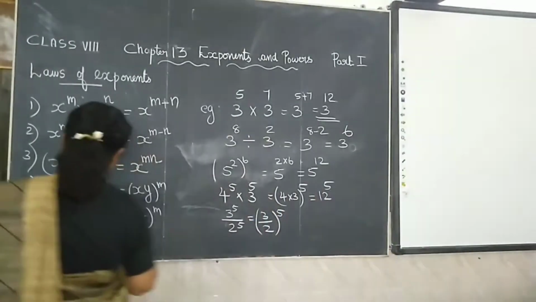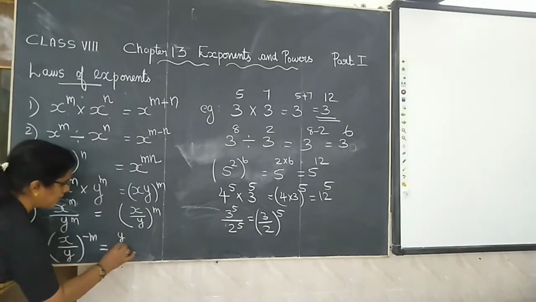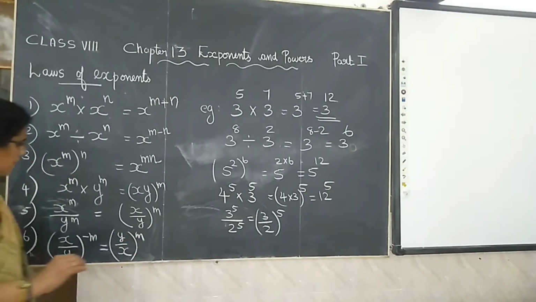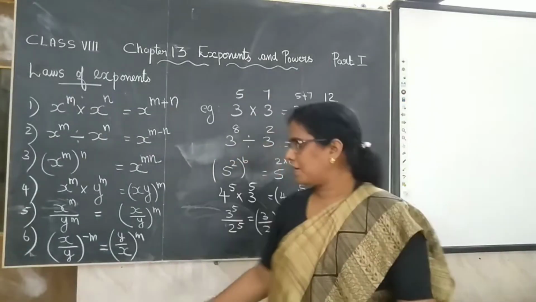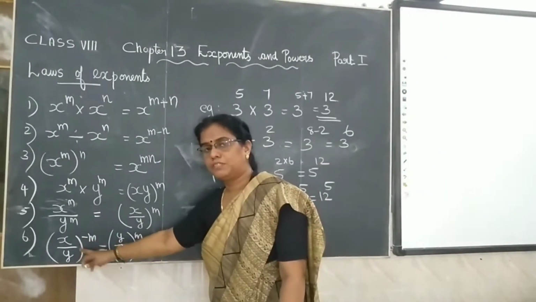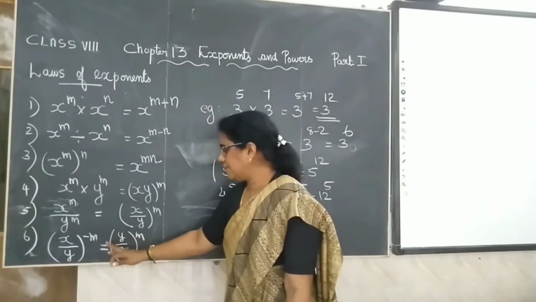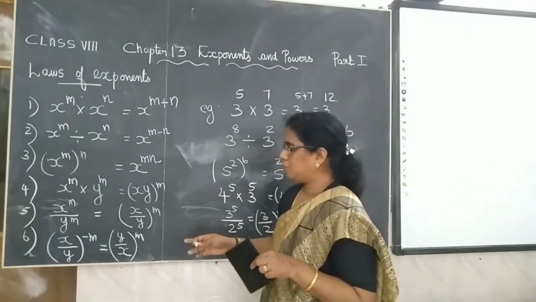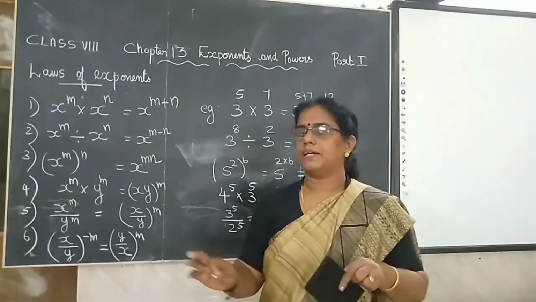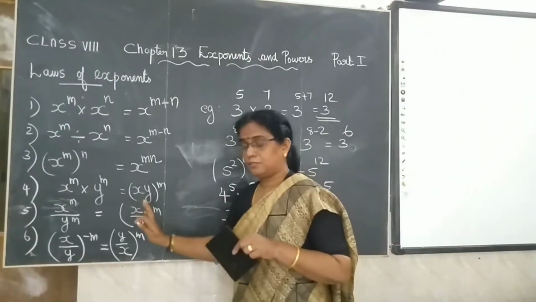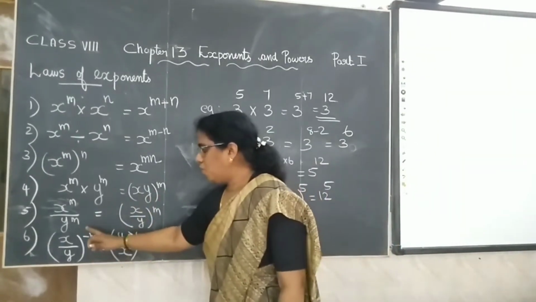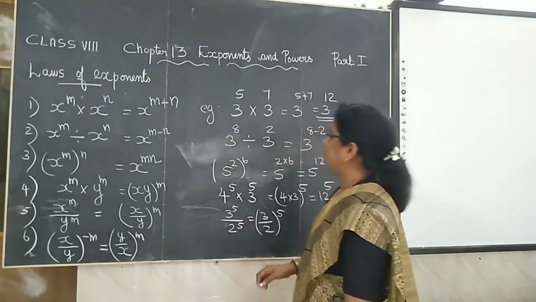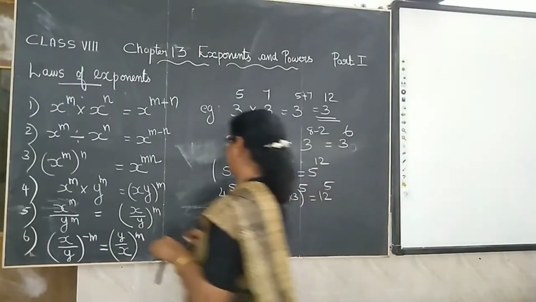In the next step we can write this as y by x whole raised to m. The power of this fraction is negative, so we change the power to positive by taking the reciprocal: x by y whole raised to minus m is equal to y by x whole raised to m.